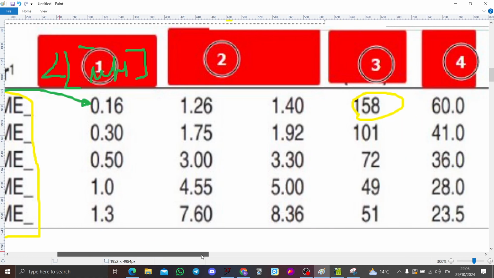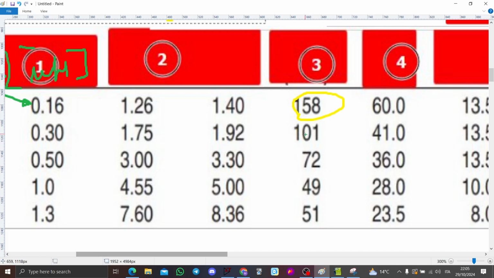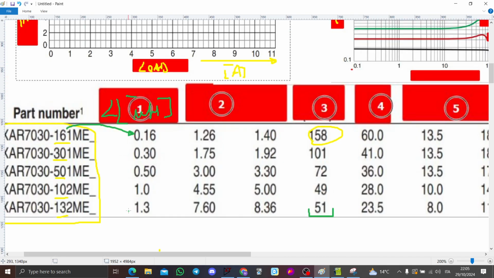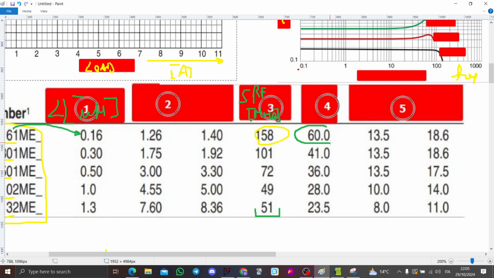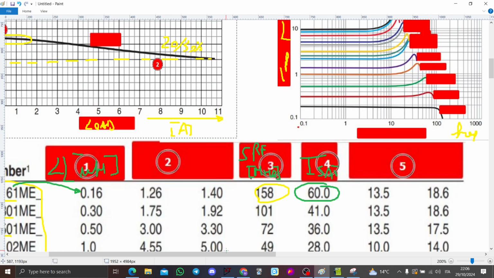Then this value here is probably going to be the self-resonance frequency, as I said before, in the range of megahertz. Then I think this can be a very high current, yes. So this is the saturation current I sat. Probably something like that.